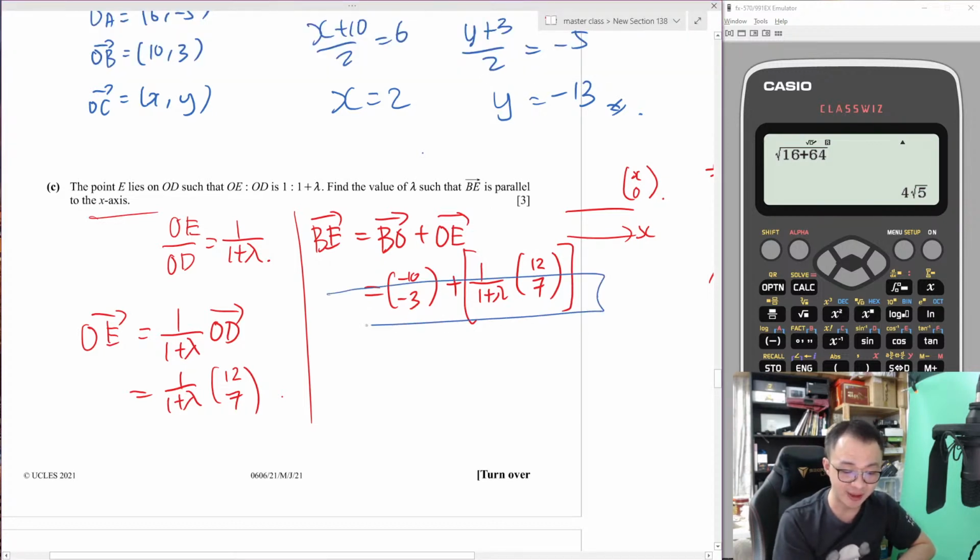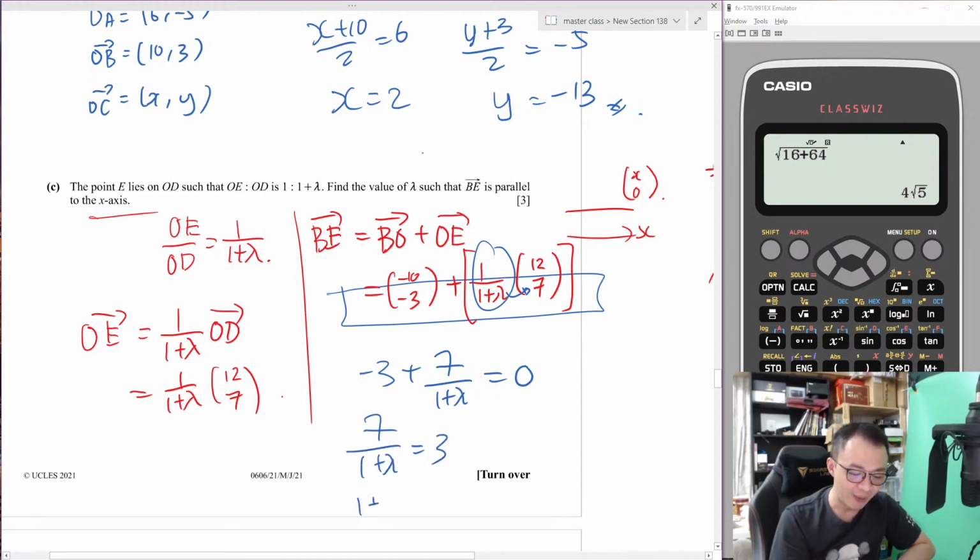So -3 plus 7 over 1 plus lambda equals 0. Then 7 over 1 plus lambda equals 3. 1 plus lambda equals 7 over 3. Then lambda equals 4 over 3.